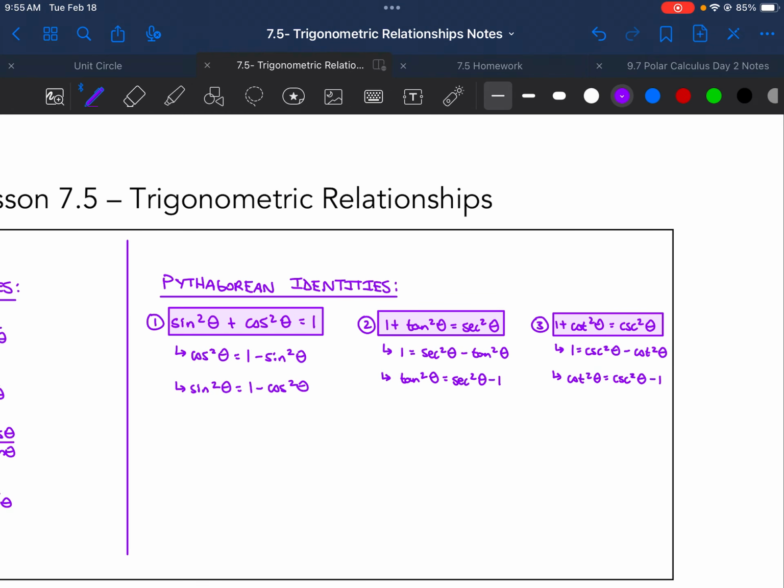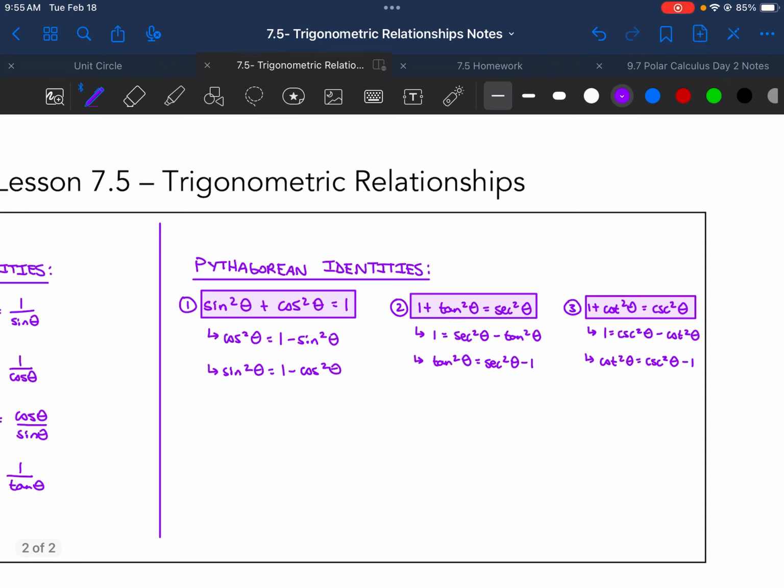Okay? Now, the reason we call these identities is because they hold true for all angles of theta. Okay? So let's write that down.